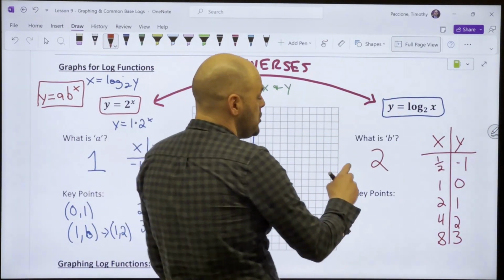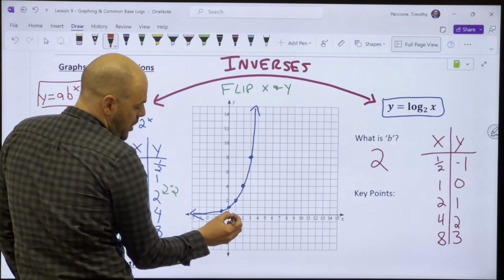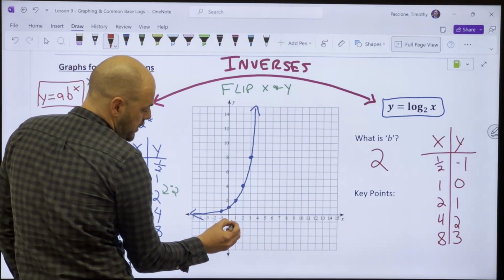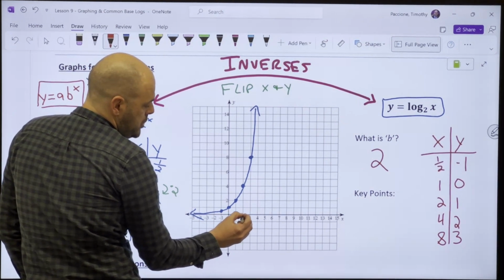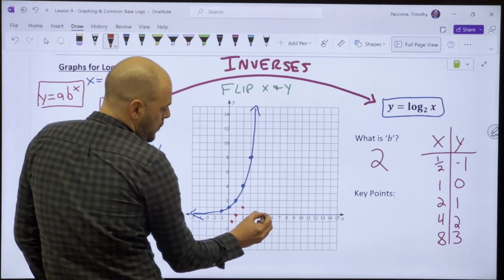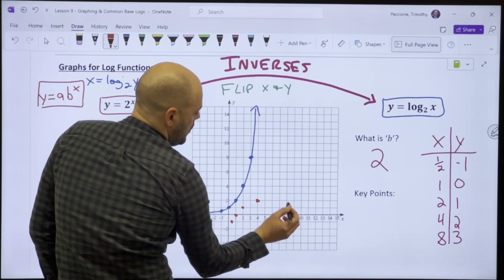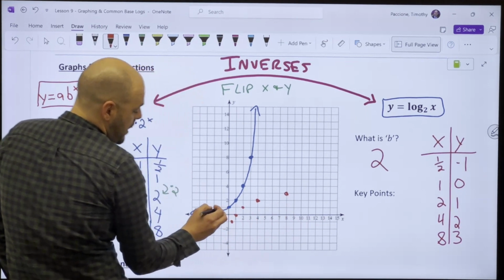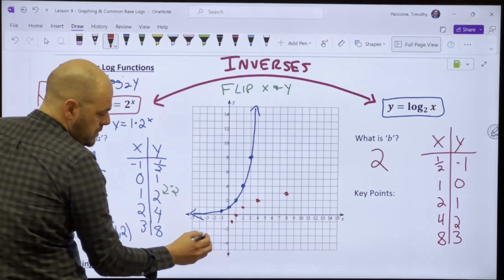Okay, and now I just graph those, right? So 1/2, I would just go halfway to 1, and then the y is -1, so that's about there. 1, 0, 2, 1, 4, 2, 8, 3. And see how this hugs the x-axis? Hug meaning gets really close, right?